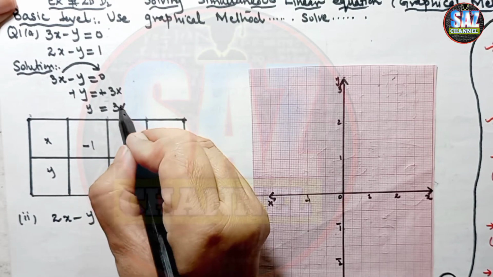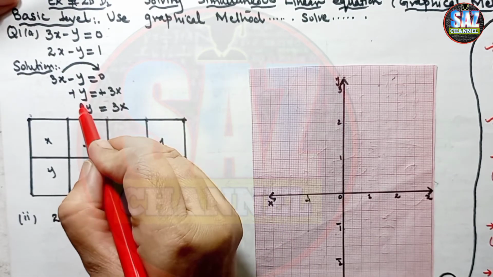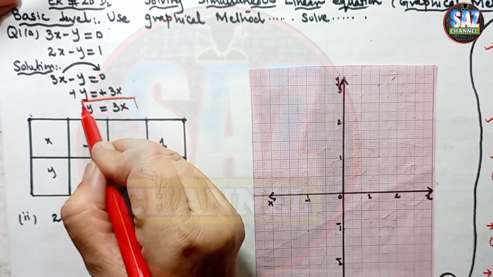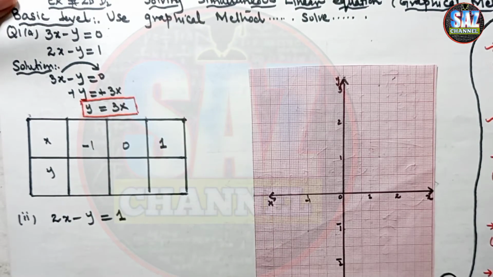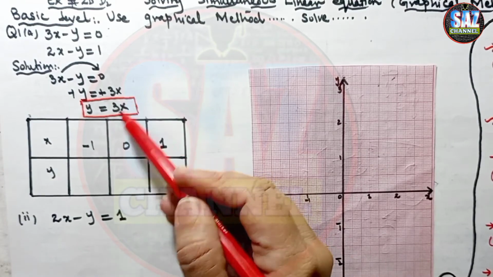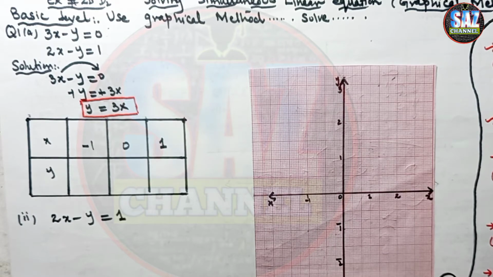It means for the first line we have to plot the equation of the line y equals 3x. This line does not have c, so it will pass through the origin, and it has a positive gradient, so it will have a rising trend. If you want to understand the features of the line, you have to watch my previous lessons, for which I'll give the link in the description box.